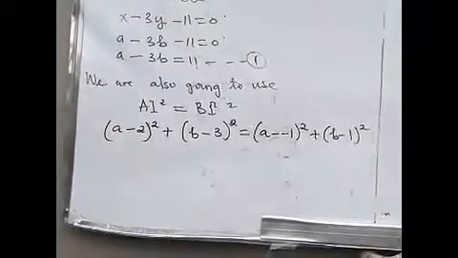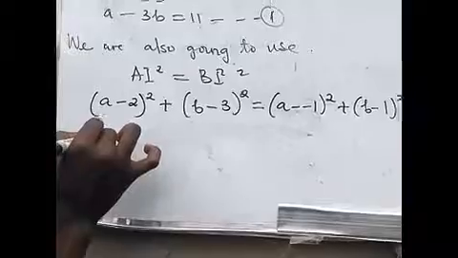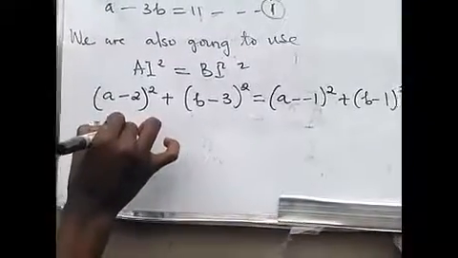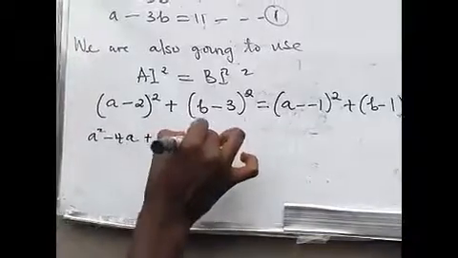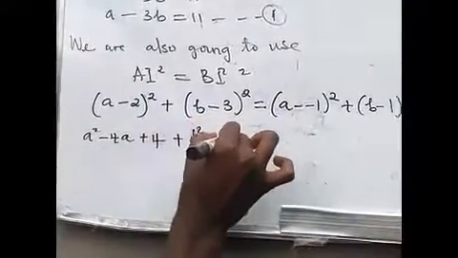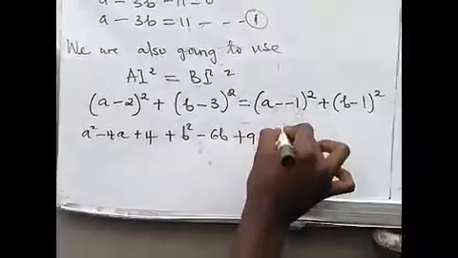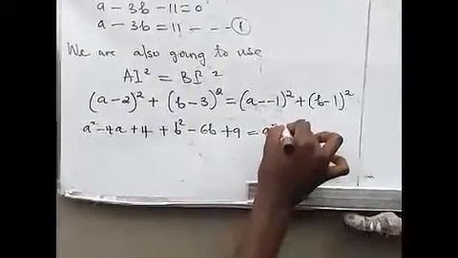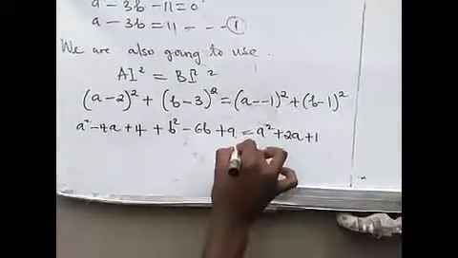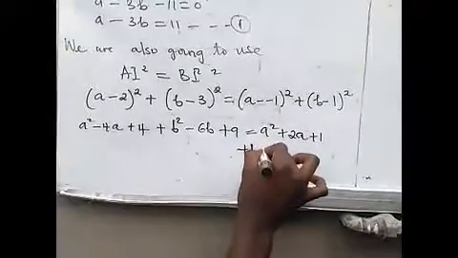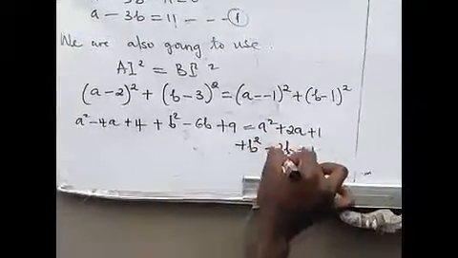Simplifying this equation, we are going to have a squared minus 4a plus 4 plus b squared minus 6b plus 9 equals a squared plus 2a plus 1 plus b squared minus 2b plus 1.